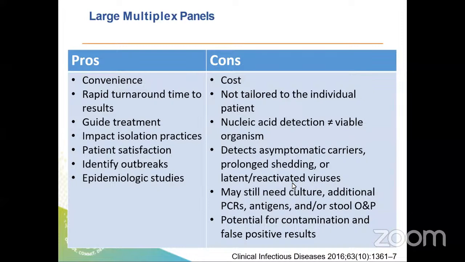Unfortunately, yes, every tool, every advancement has some cons. So in this case, some of them are a bit costly, not tailored to individual patients, and they detect nucleic acid, not viable organisms. So this could be a dead organism that is still detected. Are they still viable? So you really need to compare with the clinical approach again.